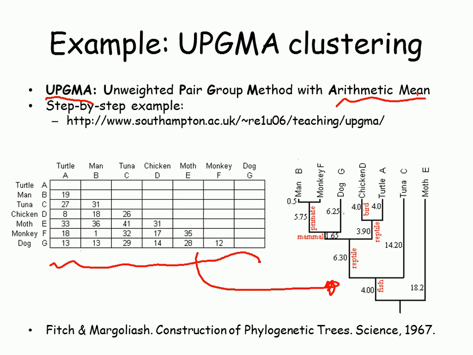And you find the next closest pair, and the closest pairs could be between two groups, a group and a species, or two species. Okay? And then you pair them up, you cluster them together, that gives you a new group. And you repeat this step until you have a single group left. All right? And as you cluster things, you have to go back to this distance matrix and modify it.